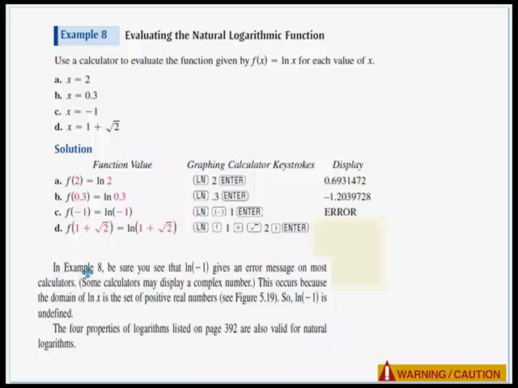And it says here at the bottom in example 8, be sure that you see that the ln of -1 gives an error message on most calculators. Some might display a complex number. This occurs because the domain of the ln of x is the set of positive real numbers. So for the ln of -1, it's undefined. The last one, if we do 1 plus square root 2 and then take the natural log of that, you'll get 0.8813736.